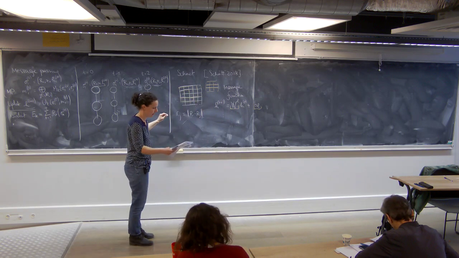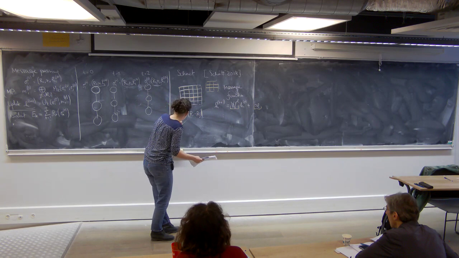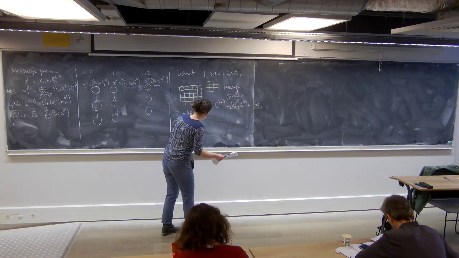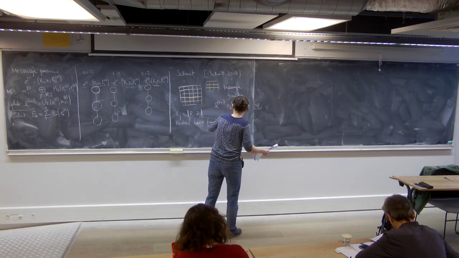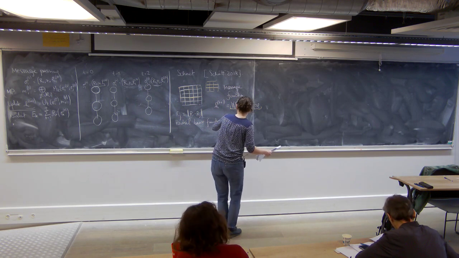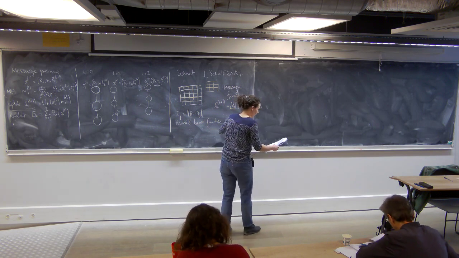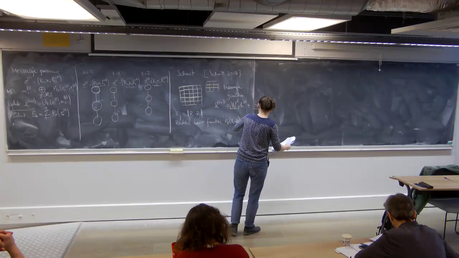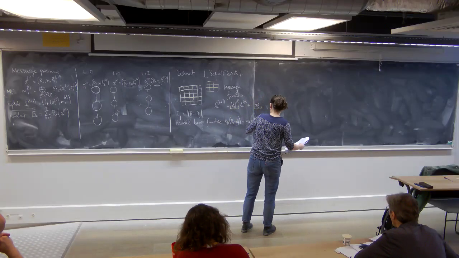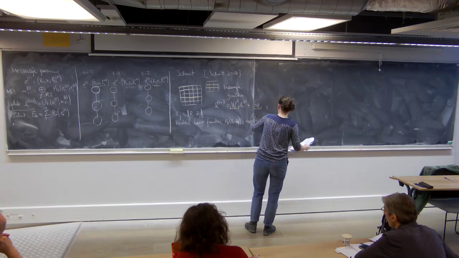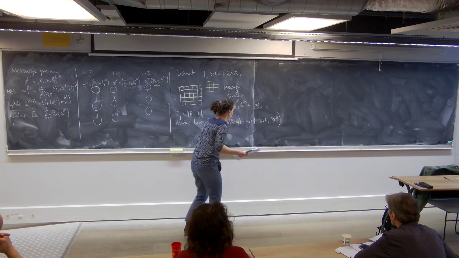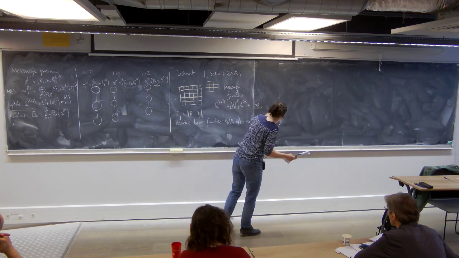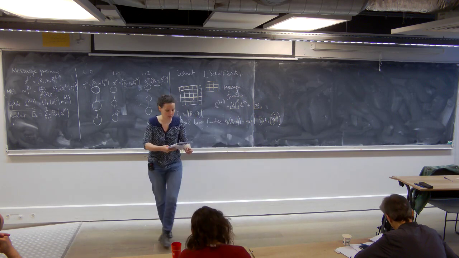And then they expand, so they use radial basis functions that they call e_k, that depend on this r_ij. And so this is just an exponential of minus gamma times (r_ij minus mu_k).